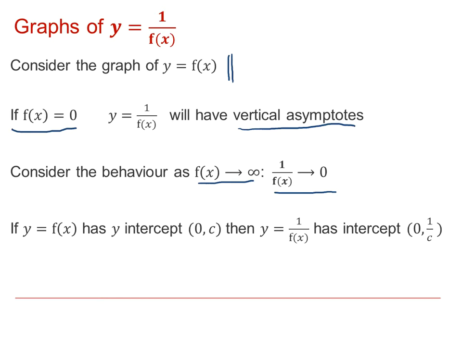If there's an intercept, then y equals 1 over f of x has an intercept at 1 over that value. And also, if f of x is equal to 1, then 1 over f of x must also be equal to 1, and if it's negative 1, then 1 over f of x is equal to negative 1.